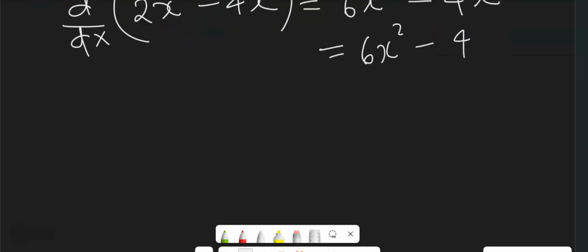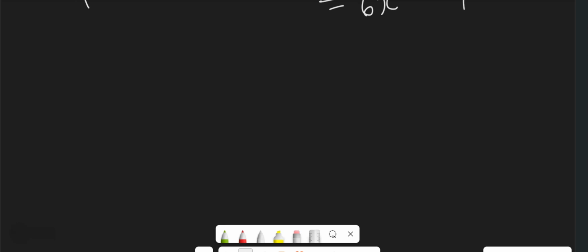So we proceed with the third rule. So the third rule is the product rule.